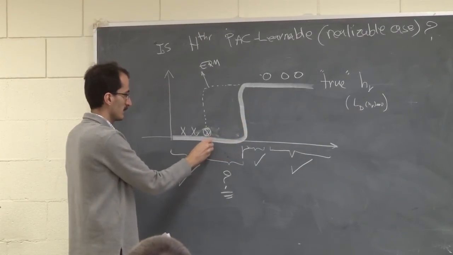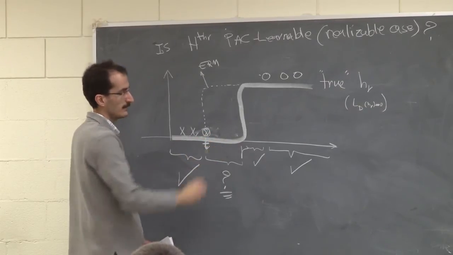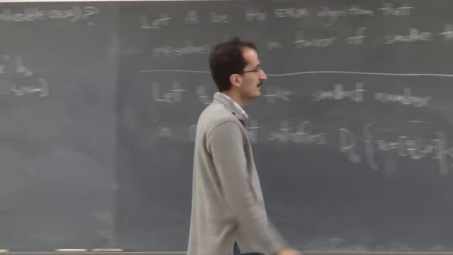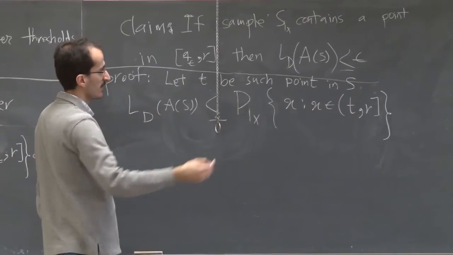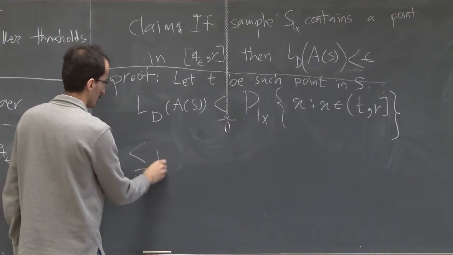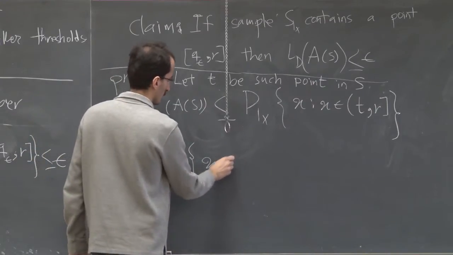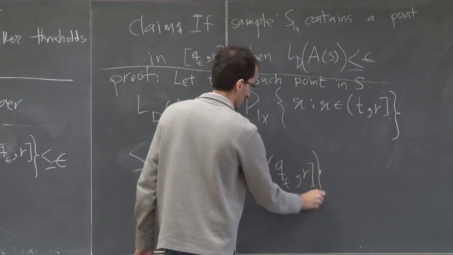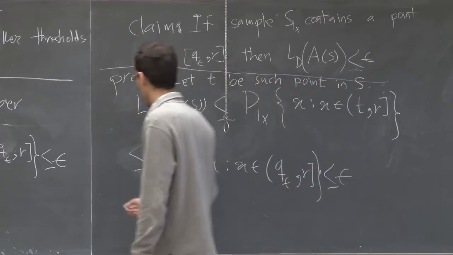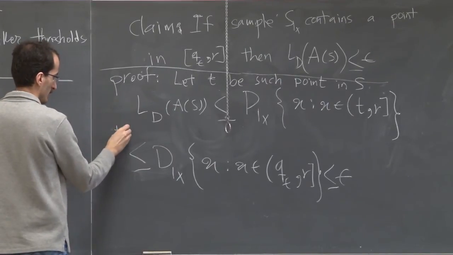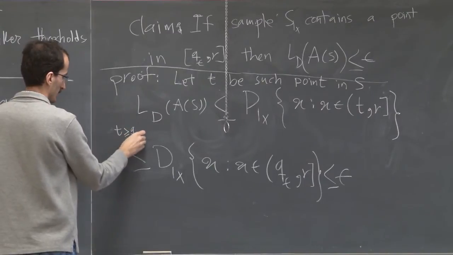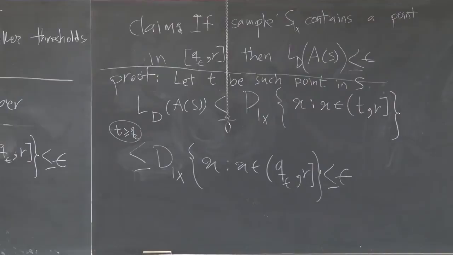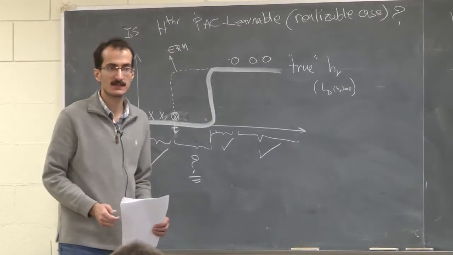From T to R. And because of this, we know that T is larger than Q epsilon, by the definition. Any questions regarding this one?